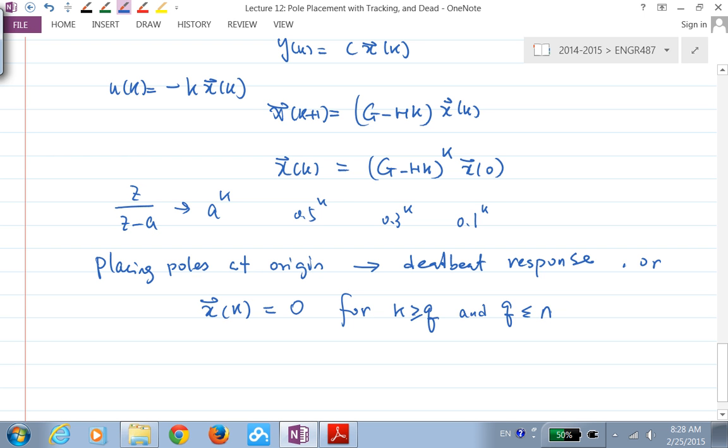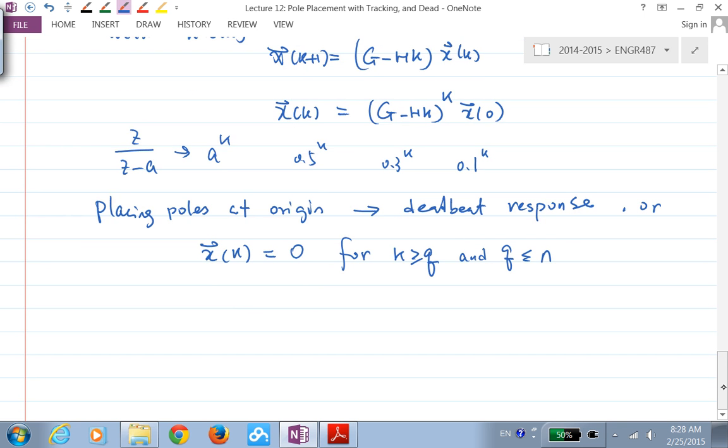So if you place the poles at the origin, the state variable x of k will go back to 0 in a maximum number of steps equal to the system order n. If the system order is 2, the maximum number of steps it takes to go back to 0 is only 2.